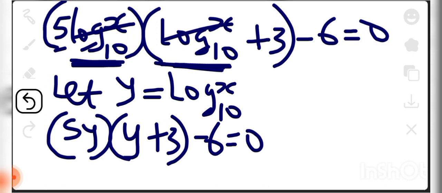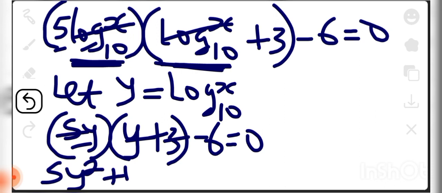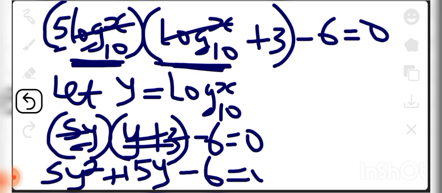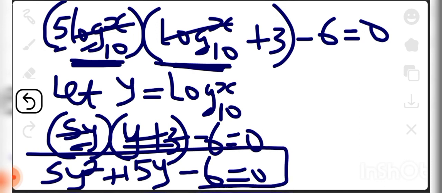So next, this times this will give us 5y squared. This times this, we're going to have plus 15y, then minus c is equal to 0. If you check this very well, that is a quadratic equation in which our a is 5, b is 15, c is minus 6.